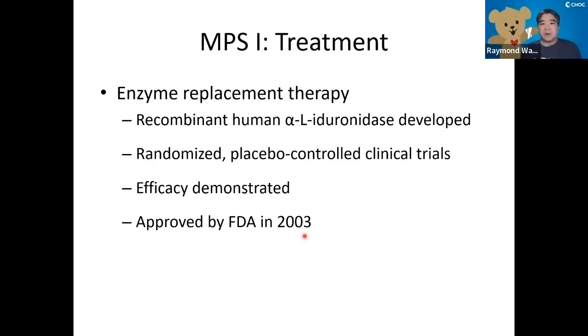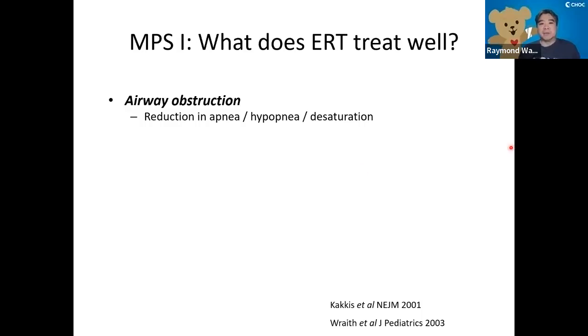What does it treat well? Basically, any organ system which has a lot of blood vessels, which allow for delivery of a lot of enzyme, is treated well. Conversely, any organ system that doesn't have a lot of blood vessels is not going to be treated very well.